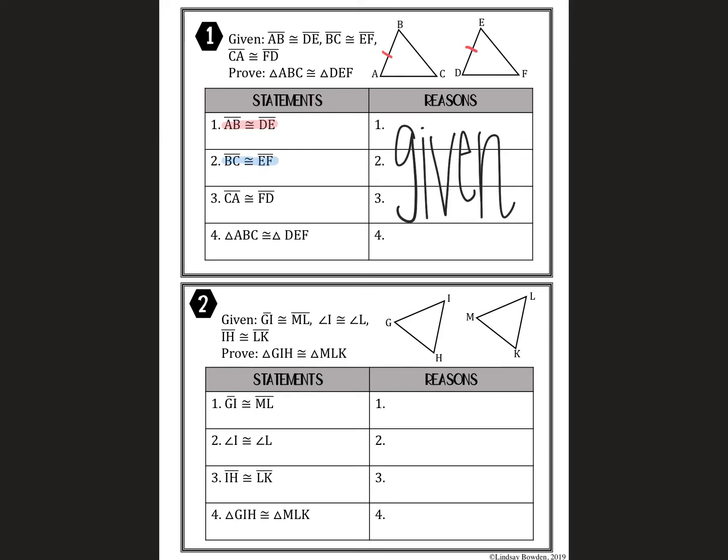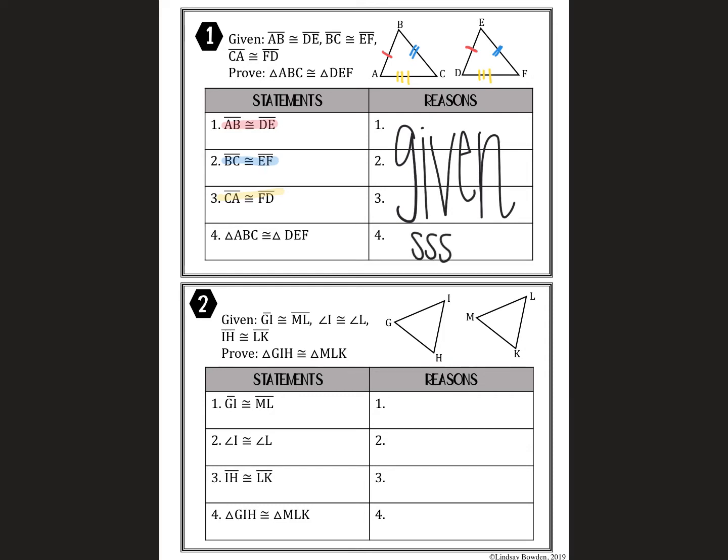The second set is the second set of sides. We're going to double mark those sides. And then the third given is our third set of sides, so we would triple mark those. When you get done, we have marked 3 sides, so this would be side, side, side.